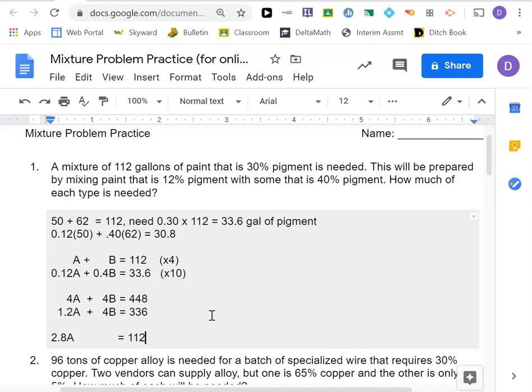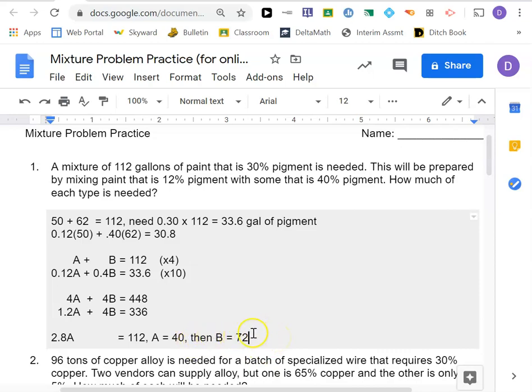That's interesting. So now when I do 112 divided by 2.8, I get A equals 40. Okay, so if A is 40, then B is 112 minus 40, which is 72.